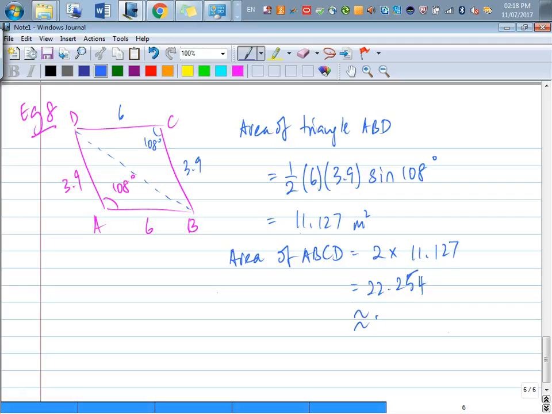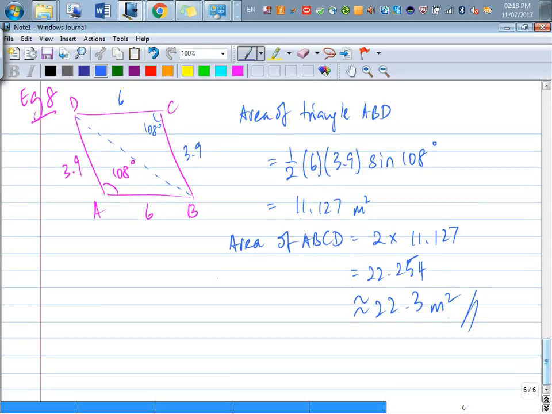And that is rounded off to 22.3 square meters. Okay? So now, try it 8. Try it yourself. Okay or not? Try it 8.